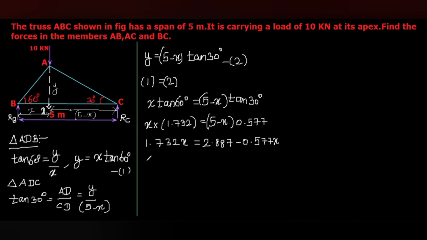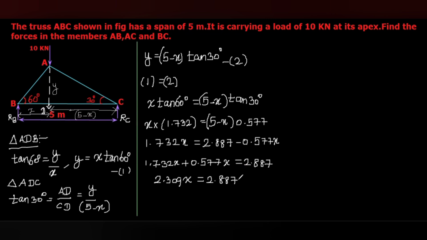This minus 0.577x, we can keep at the left hand side. So it will become 1.732x plus 0.577x, that equal to 2.887. If you add these two values, we will get 2.309x equal to 2.887.